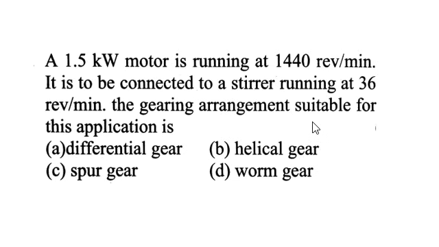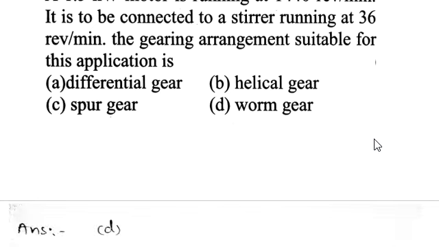And if you see the next question, a 1.5 kilowatt motor is running at 1440 revolutions per minute, that is RPM, and it is connected to a stirrer running at 36 RPM. The gearing arrangement suitable for this application is: option A, differential gear; option B, helical gear; option C, spur gear; option D, worm gear. And the correct option for this question is worm gear.